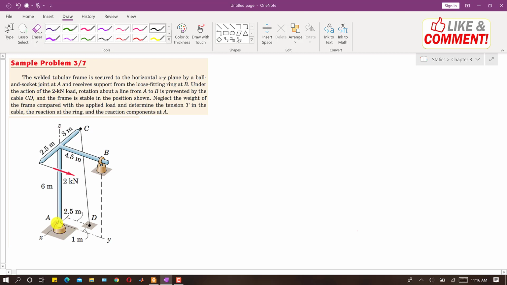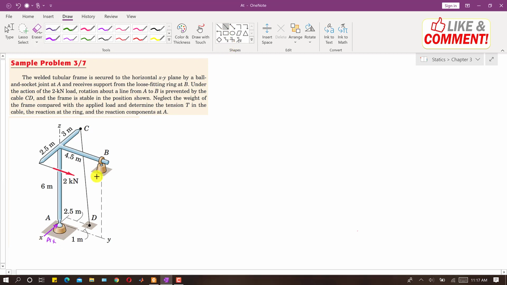This ball and socket joint can support reactions in three dimensions, that is in X, Y, and Z direction. If I draw those reactions, this will be one reaction along X. Let's say this is AX.